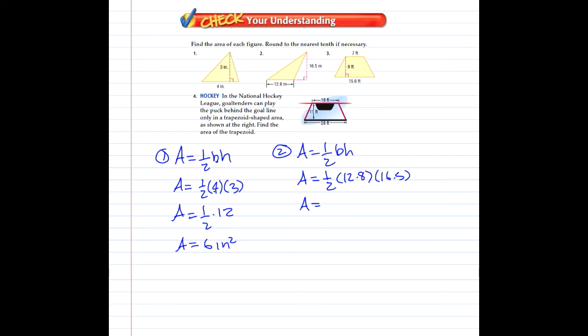Actually, I'm going to multiply these two numbers together because they're compatible. So I have 16.5 times 6.4. And so the area in example 2 is 105.6 inches squared.